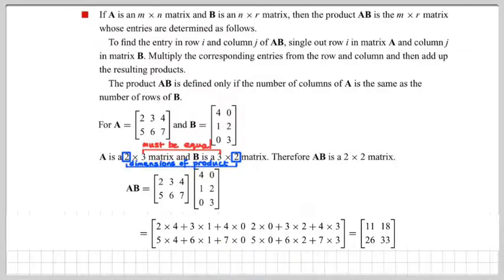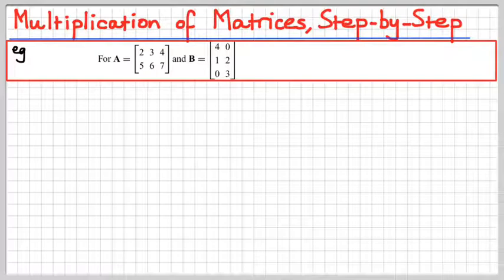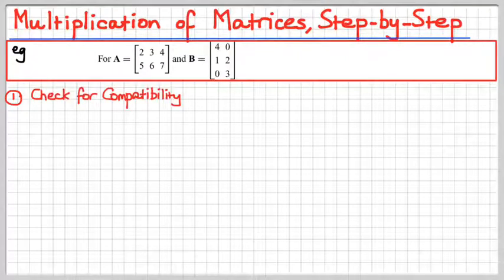Now I'm going to show you in the next screen step-by-step multiplication of matrices, right? Now if we're going to multiply those two matrices together, here I go, explaining it to you as simply as I can make it. First of all, you check for compatibility.